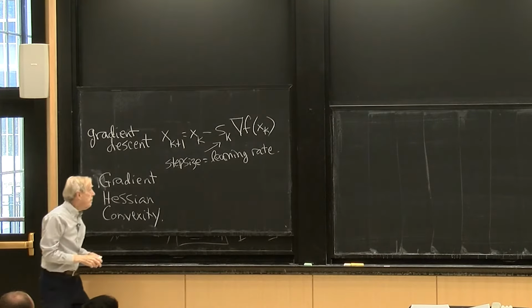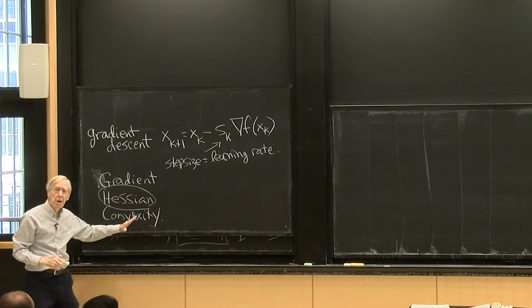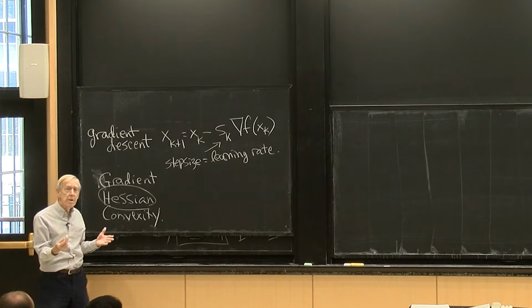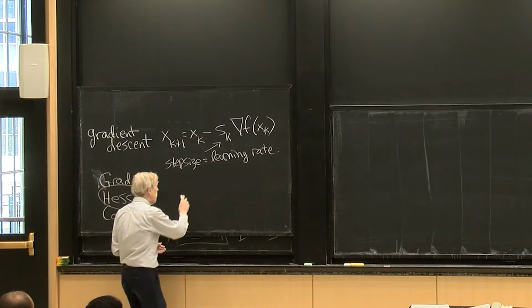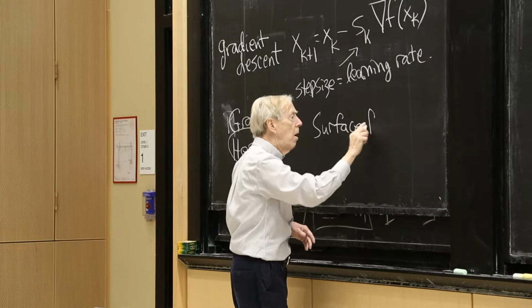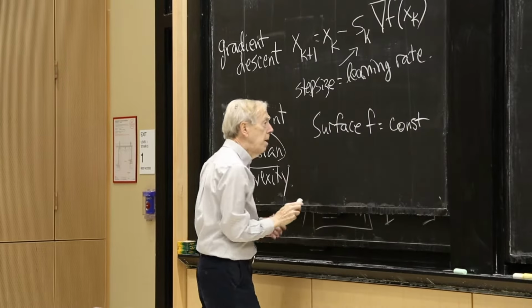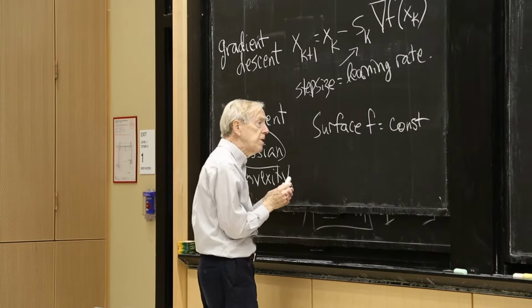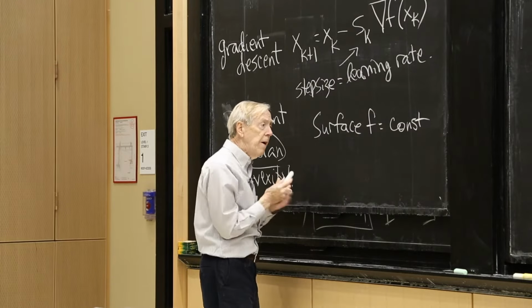And what's the Hessian telling me about the surface? What if I take the matrix of second derivatives? I have this surface, so I have a surface f equal constant. That's the sort of level surface. So if I stay in that surface, the gradient of f is 0.